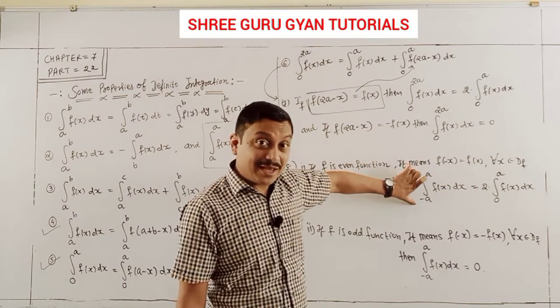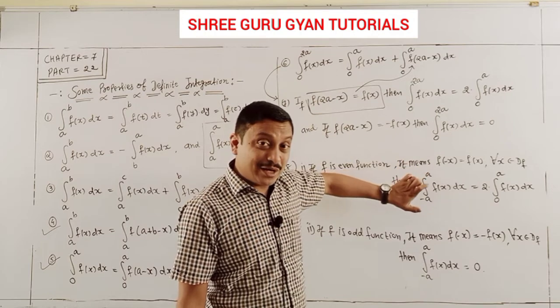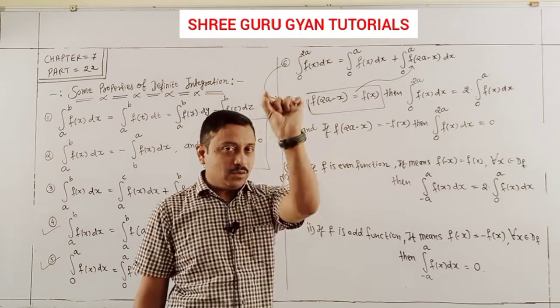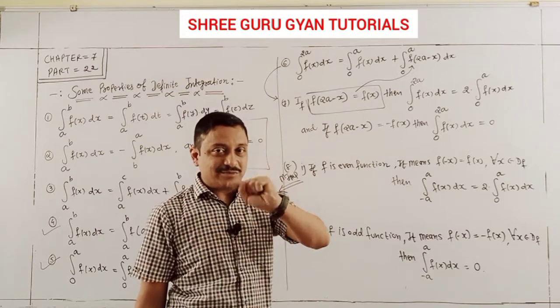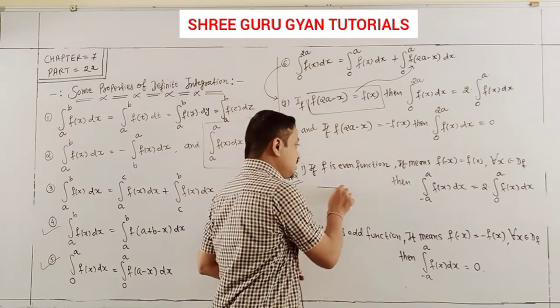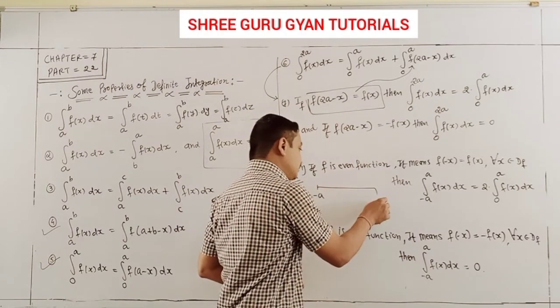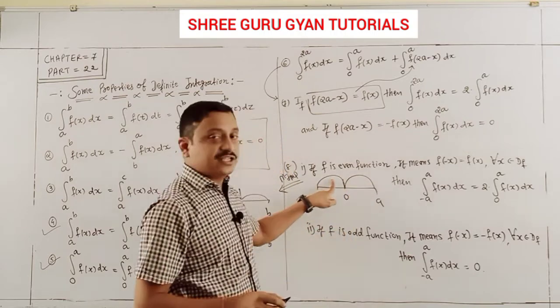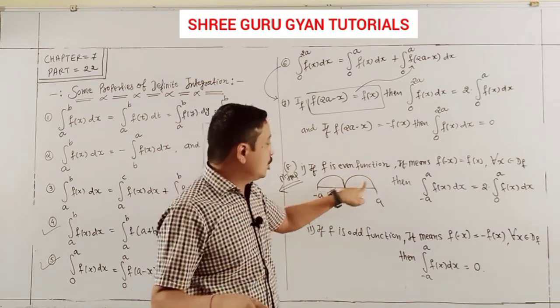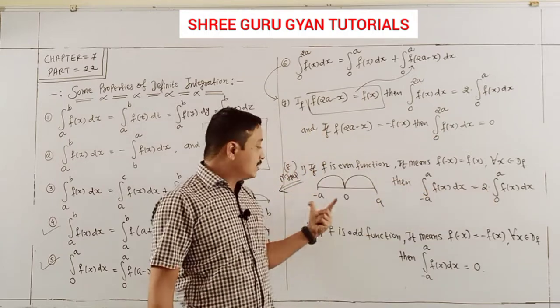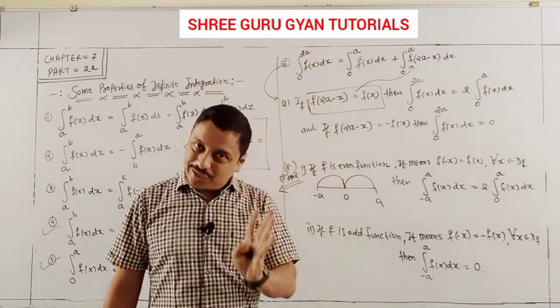This -a to a means -1 to 1, -2 to 2, -3 to 3, -pi/2 to +pi/2, opposite limits both. Then your answer is 2 times, because for these limits -a to a there are 2 partitions, but both partitions are even. So it is 2 times integral 0 to a. Either -a to 0 is also correct.